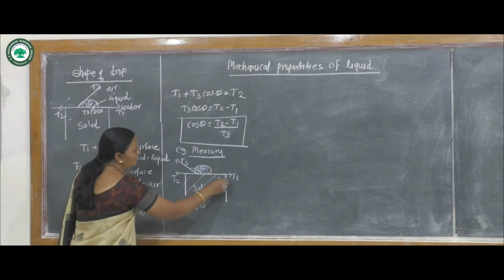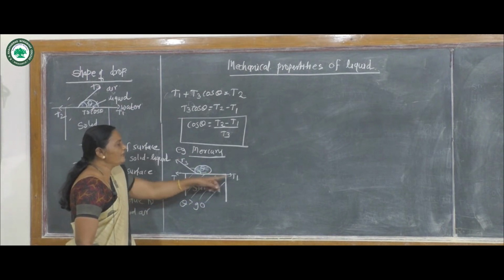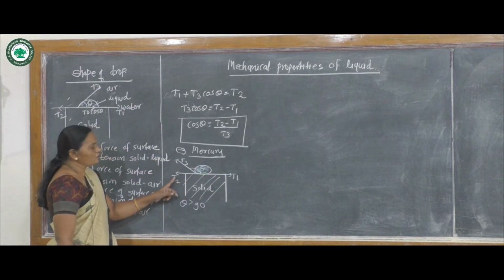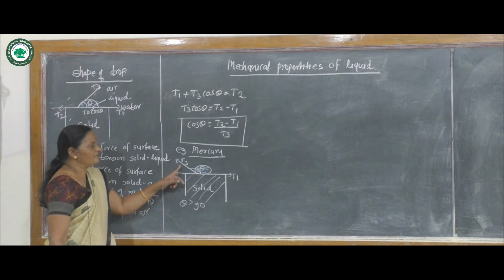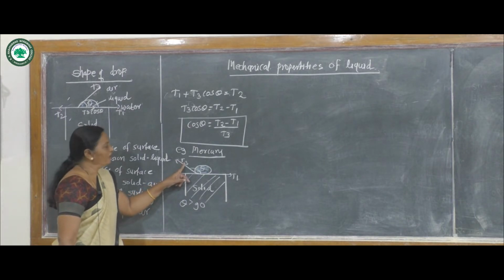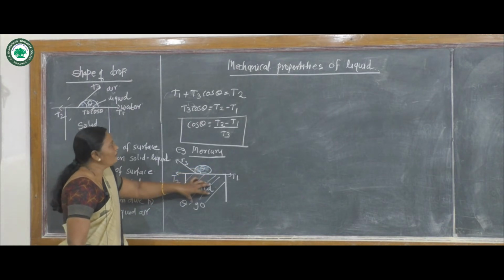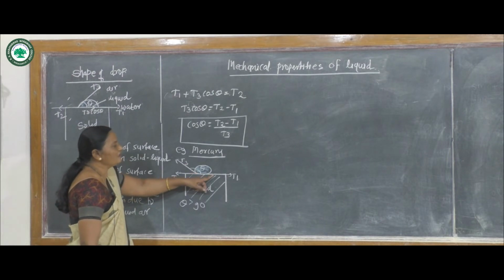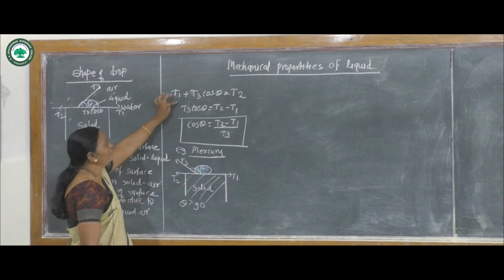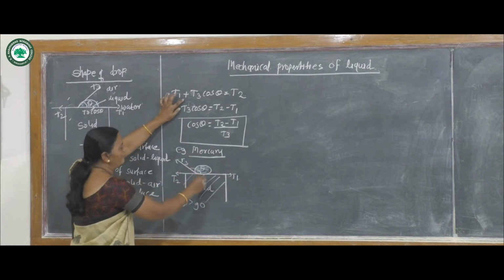Here we consider again T1. T1 is the force of surface tension due to the solid-liquid interface. T2 is the force of surface tension between the solid-air interface, and T3 is the force between the liquid and air interface. Again, for equilibrium, this side is again T3 cos theta, and we can write T1 for equilibrium.